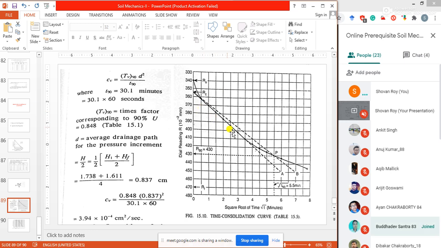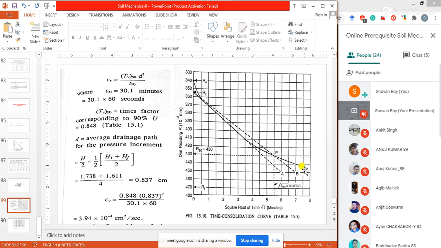How can we calculate it? Only using this straight tangent line can we calculate the correct reading of our consolidation of the sample. You can see the actual consolidation curve is not straight. Due to nonlinear behavior of soil, this curve produces some irregular values which do not give a balanced result, and it is very difficult to find our actual value from this nonlinear curve.